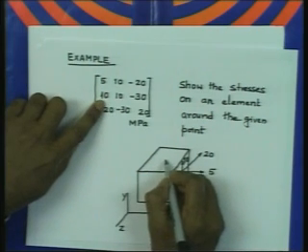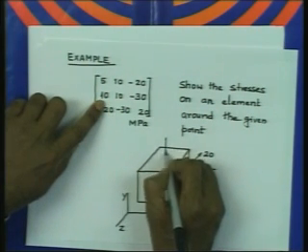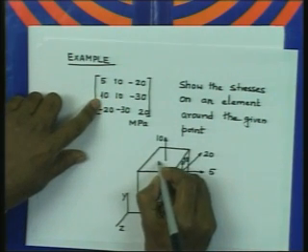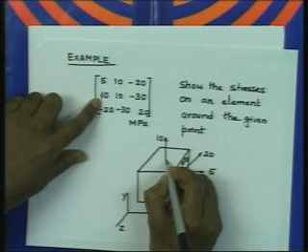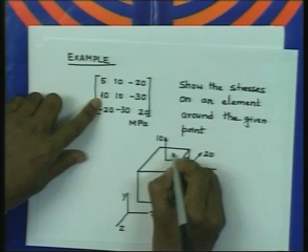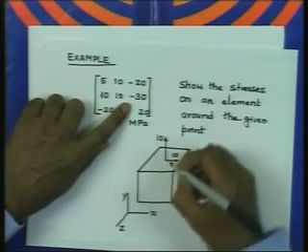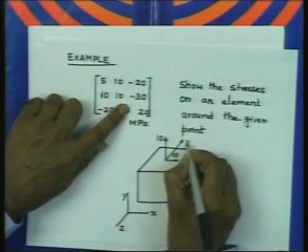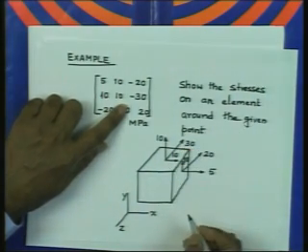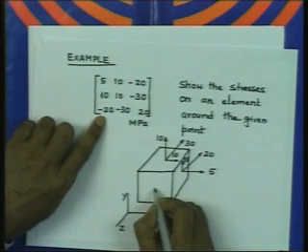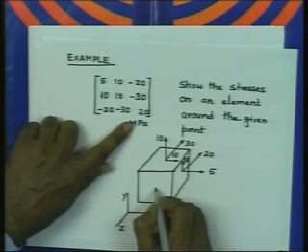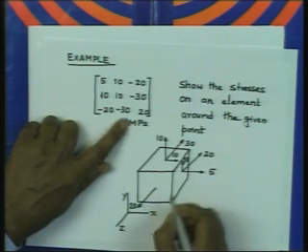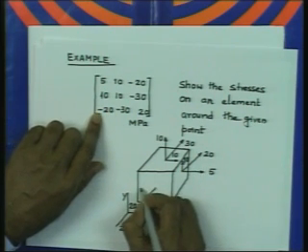Similarly, here on the y plane we have a normal stress of 10 acting in the positive direction, and the shear stress is acting in the positive direction. So, this is 10 and this shear stress is acting in the negative direction. Similarly, on this face we have the direct stress in the positive z direction, which is given by 20, and the shear stress here in the x direction is in the negative direction.